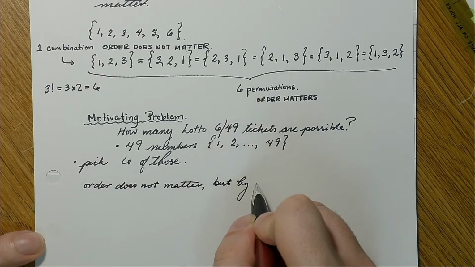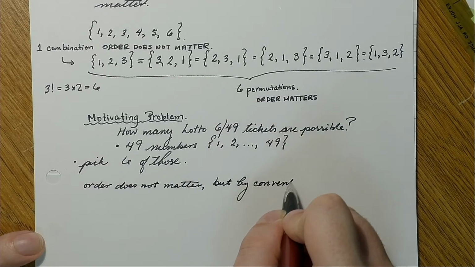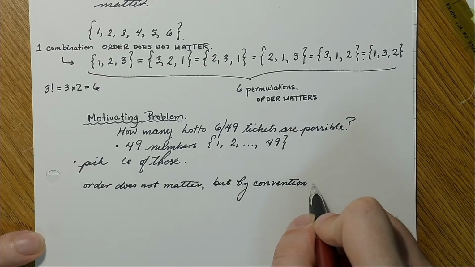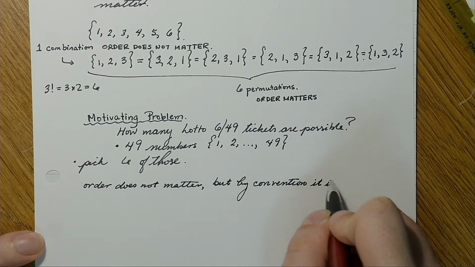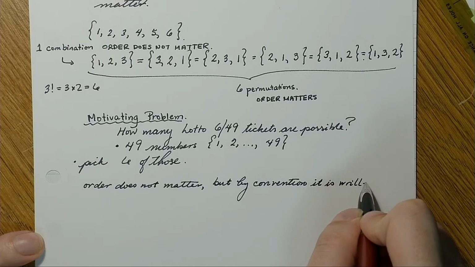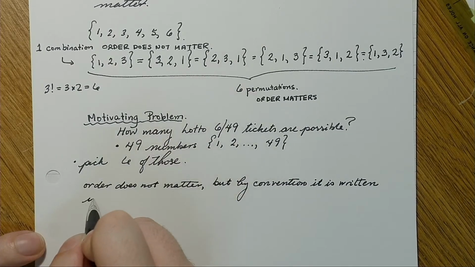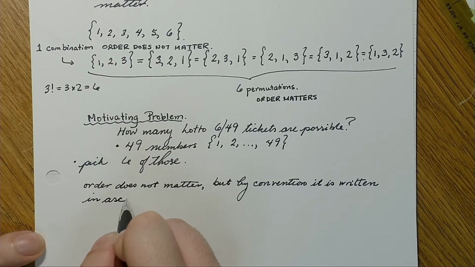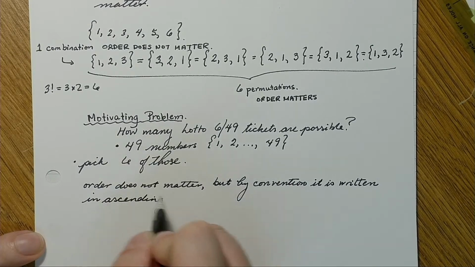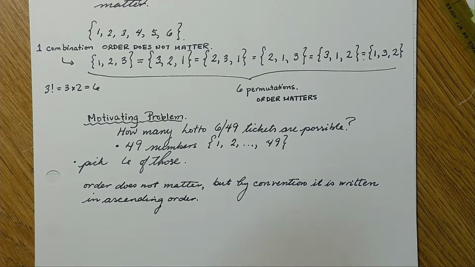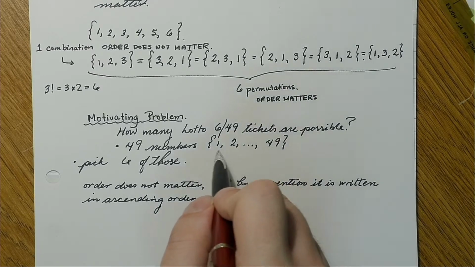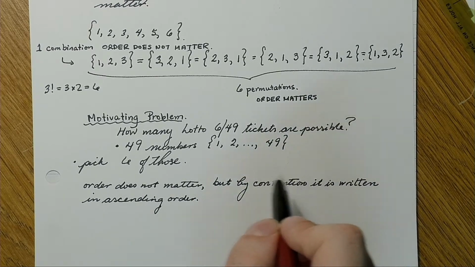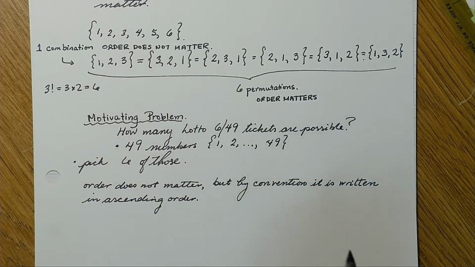And so this kind of selection of elements from a set, like 1 through 49, where the order doesn't matter, is called a combination.